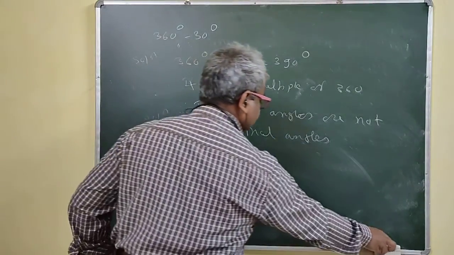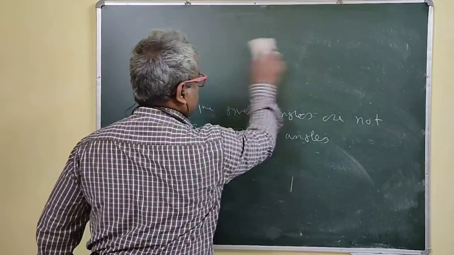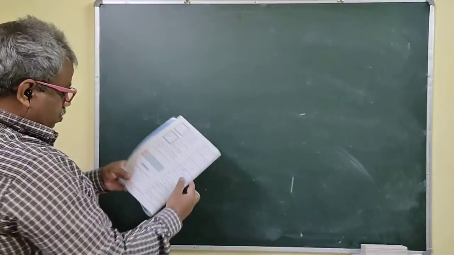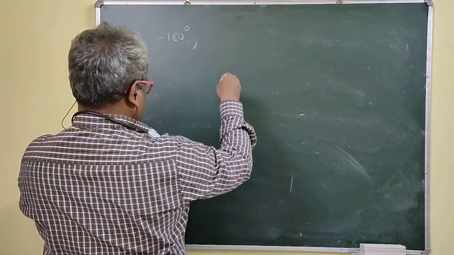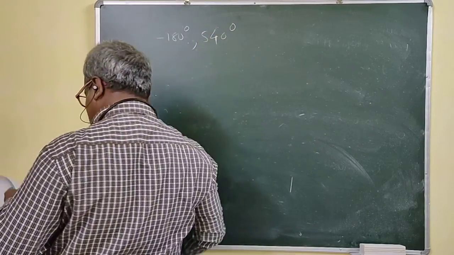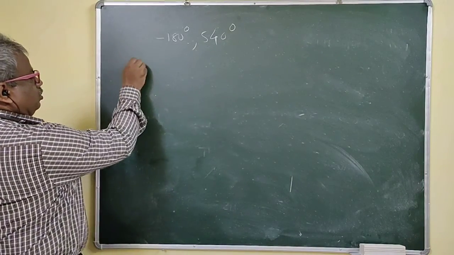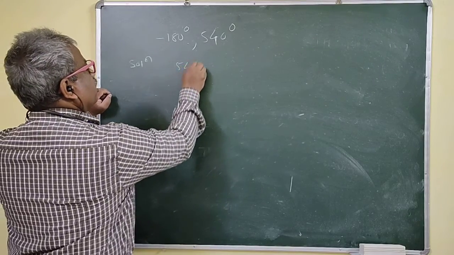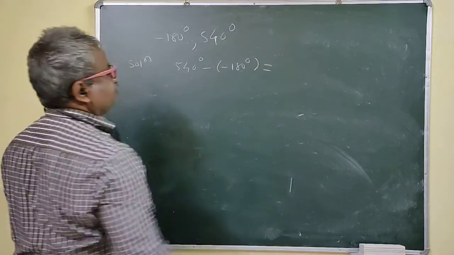Take the next pair. Minus 180 degree, 540 degree. Solution. So what we'll do, 540 degree minus minus 180 degree, right?